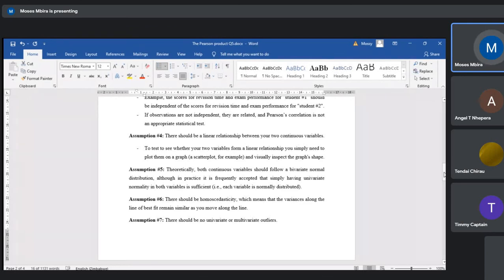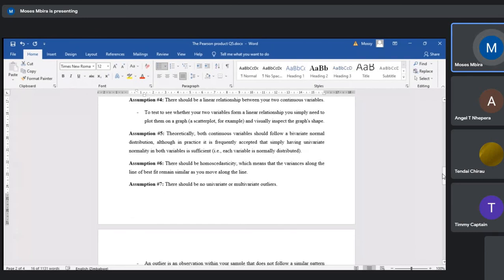There's an example on that. Assumption number 5, both continuous variables should follow a bivariate normal distribution, although in practice it is frequently accepted that simply having univariate normality in both variables is sufficient.